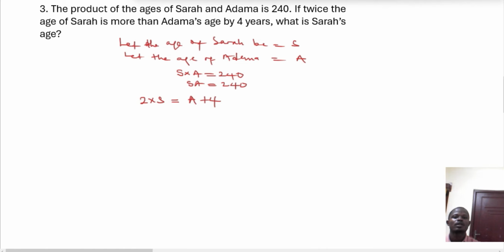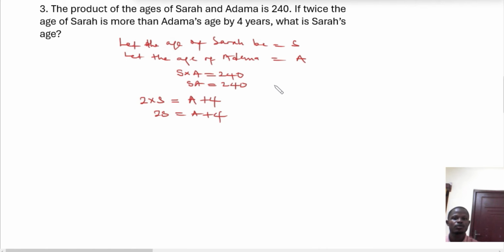So let's talk about this second statement again. If twice the age of Sarah, 2 times Sarah's age, is more than Adama's age by 4, that is A plus 4. If it was less than, you write a negative sign, but this is more than. So here we're going to have 2S is equal to A plus 4.